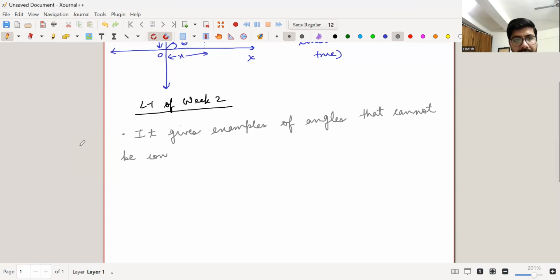We already saw in the first week that there is a very nice theory of such numbers, and analogously for angles.